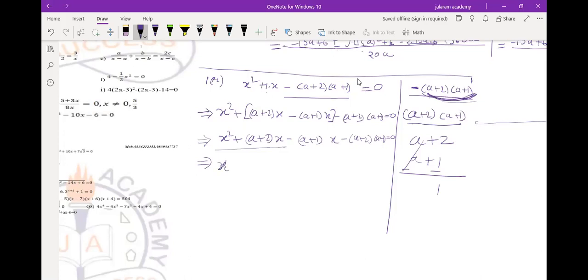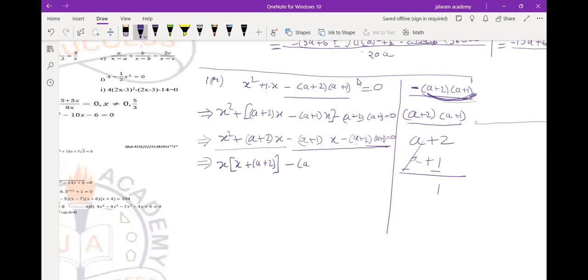So if we take x common from the first two terms, x(x + a + 2) will be the remainder. Minus in the second term: minus (a+1)x minus (a+2)(a+1) equals 0.